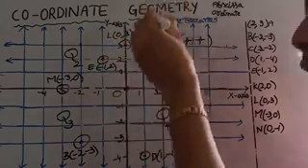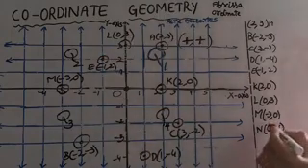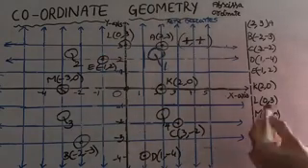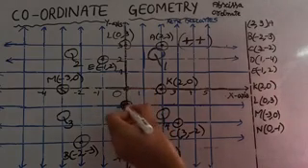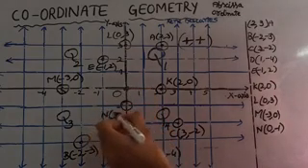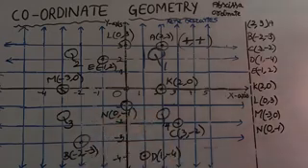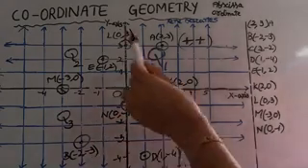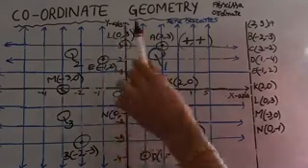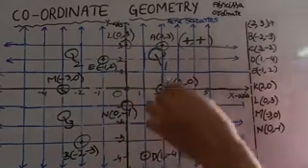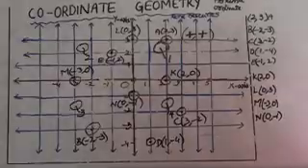It is there on the y-axis. And M (-3, 0) is done. N (0, -1), this is (0, -1). What do you observe? If the abscissa is 0 in any point, all those points lie on the y-axis.